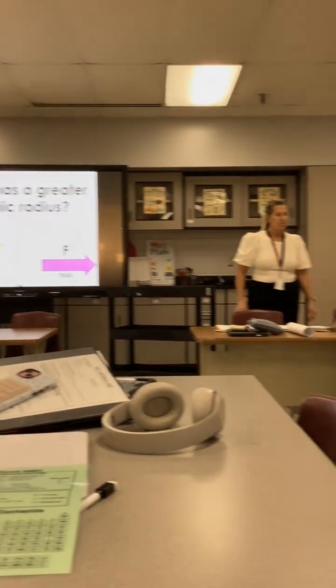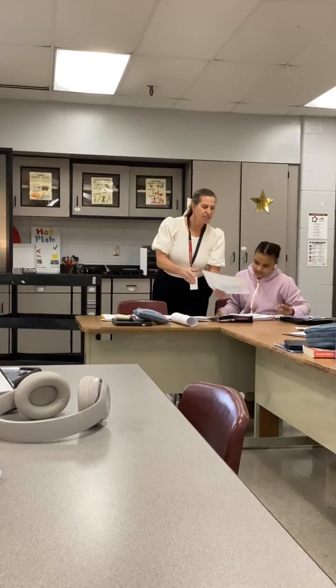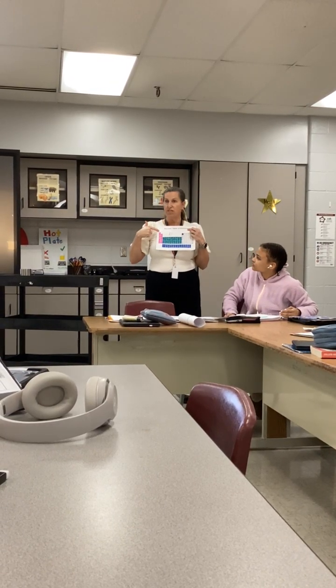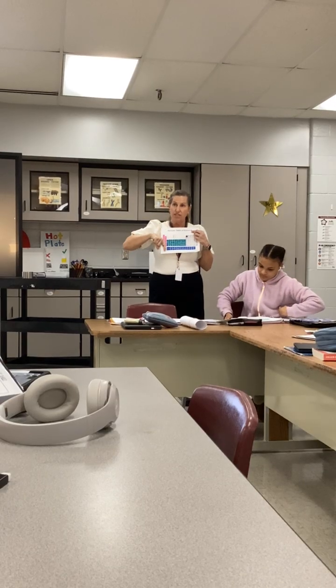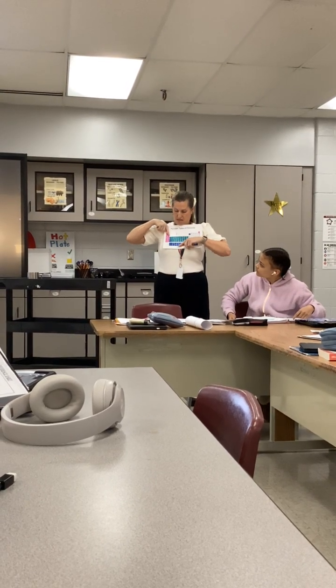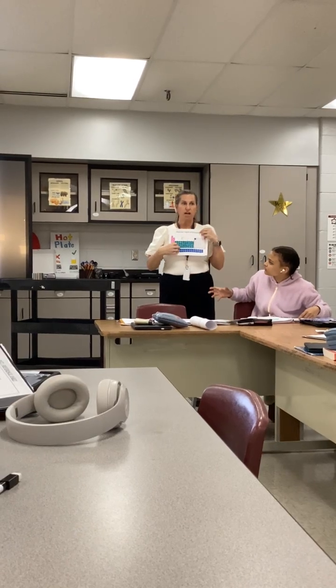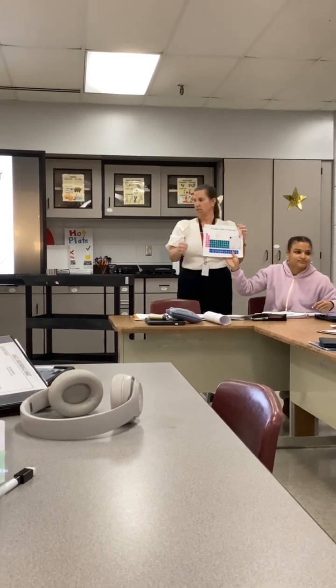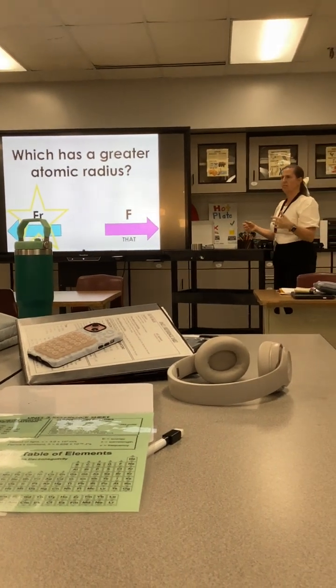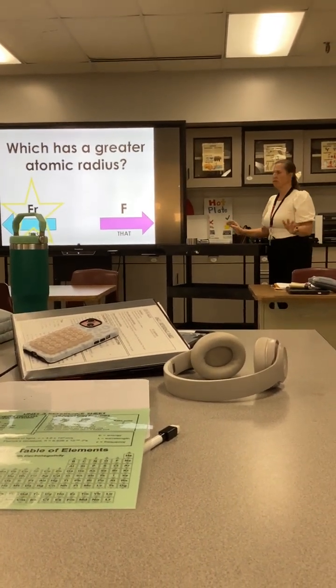So you can tell on your periodic table, the trend for atomic radius moving down is that it increases, and then it increases this way. So these are going to be the higher atomic radius here, like when you go down. Greater, higher, increases, bigger, all of those words work.